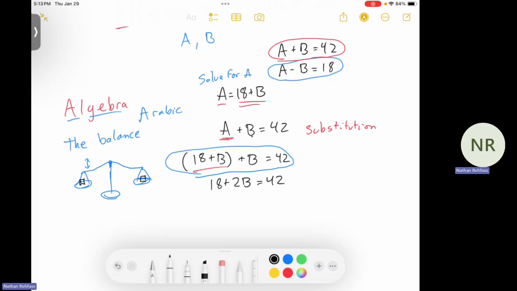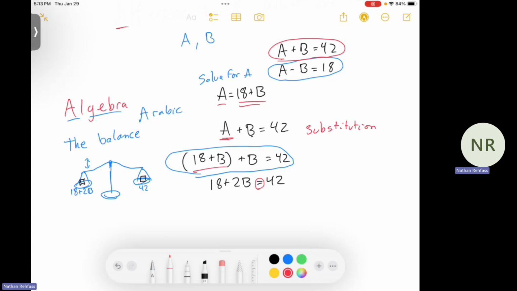If those 2 weights are exactly the same mass, the 2 sides will be balanced and they'll be level with each other. So Al-Khwarizmi's idea was if I put 18 plus 2b on one side of the scale and 42 on the other side of the scale, this equals sign indicates that those 2 sides are balanced.